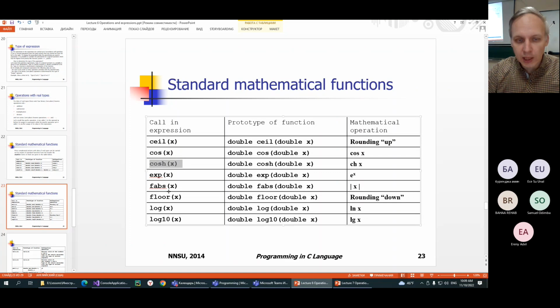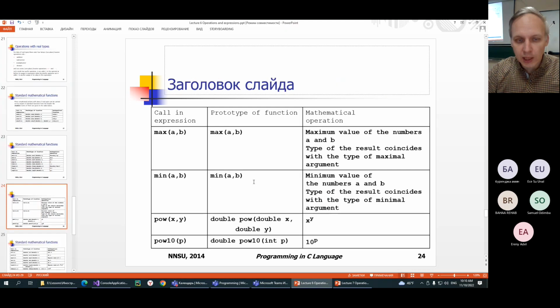I think we will consider this function in mathematics later. Logarithm, natural logarithm of x, log10, logarithm with radix 10. The function max returns the maximum value between a and b. Min returns the minimum between a and b.